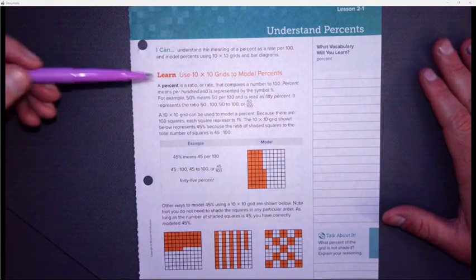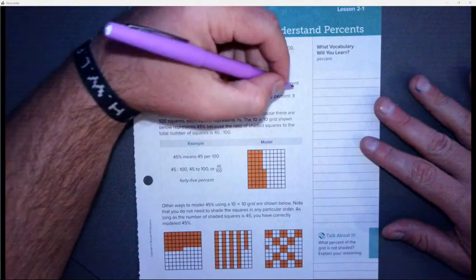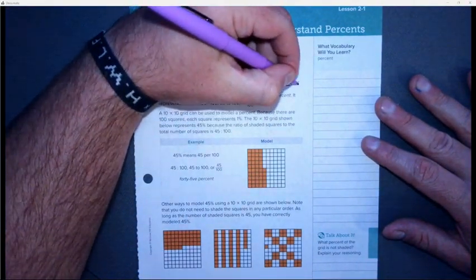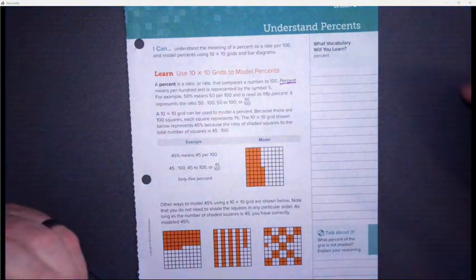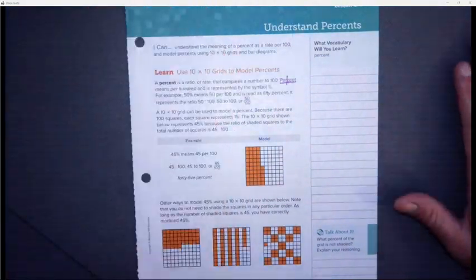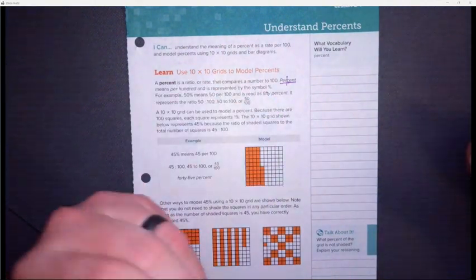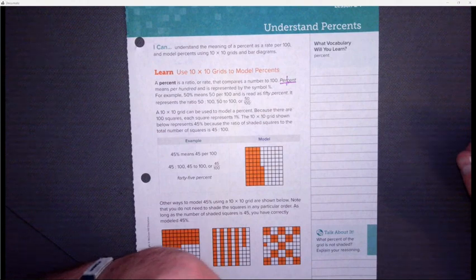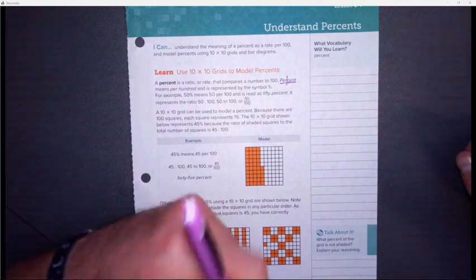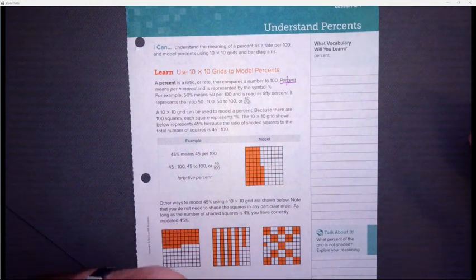Going back to what we saw above, we see percent means per 100. We see per and cent are the two words that make up percent. Cent, we think about money. We have cents that make up $1, and there's 100 cents in $1. We also see cent in centimeters.